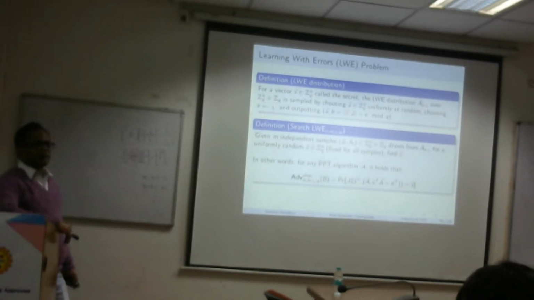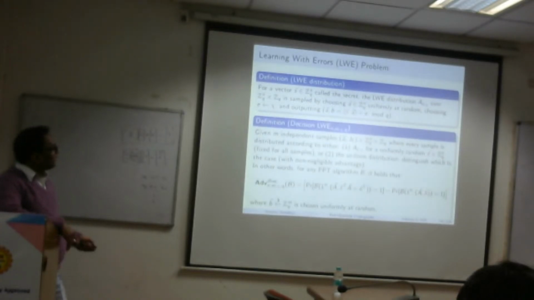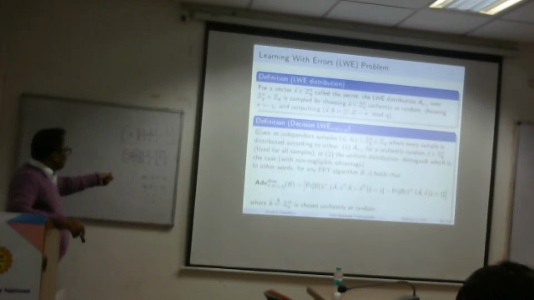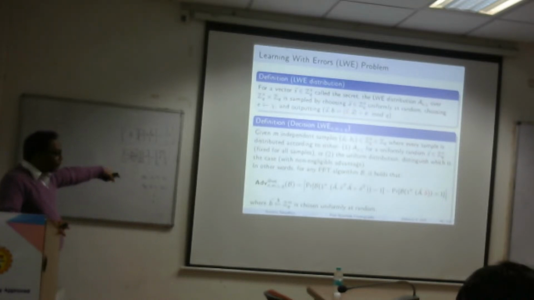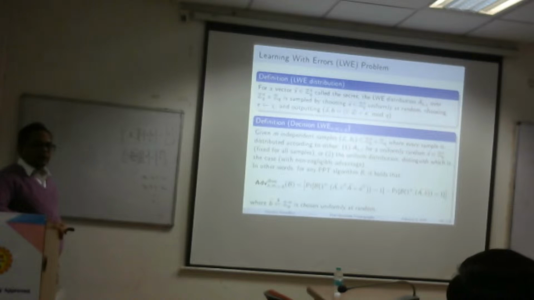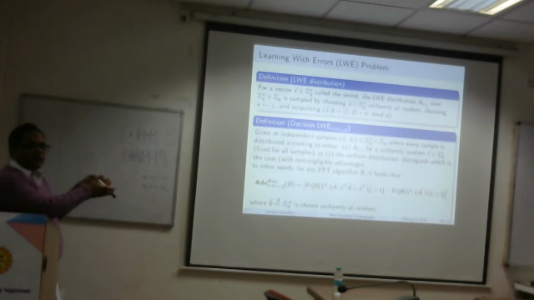So this is called an extremely hard problem to solve. And there is also a decisional version. You cannot even figure out whether I give you A and a B like this, or I give you a random vector in place of B. You cannot figure out which one has been obtained by AS plus error equals B, or whether this B is completely random.